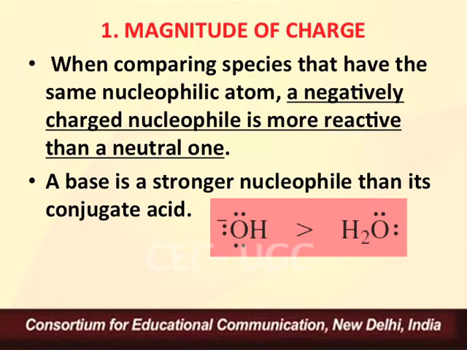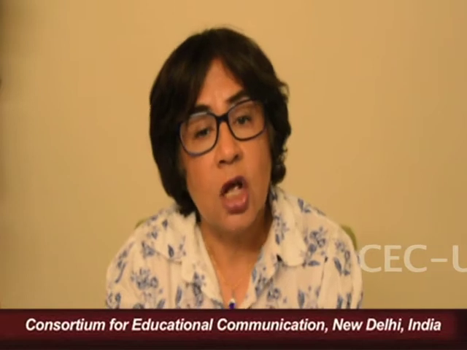For example, if I consider the hydroxyl group OH-, which is a conjugate base of water, then we find the hydroxyl group is a better nucleophile because it has a negative charge on it, whereas water will act as a nucleophile through the lone pair of electrons on its oxygen.